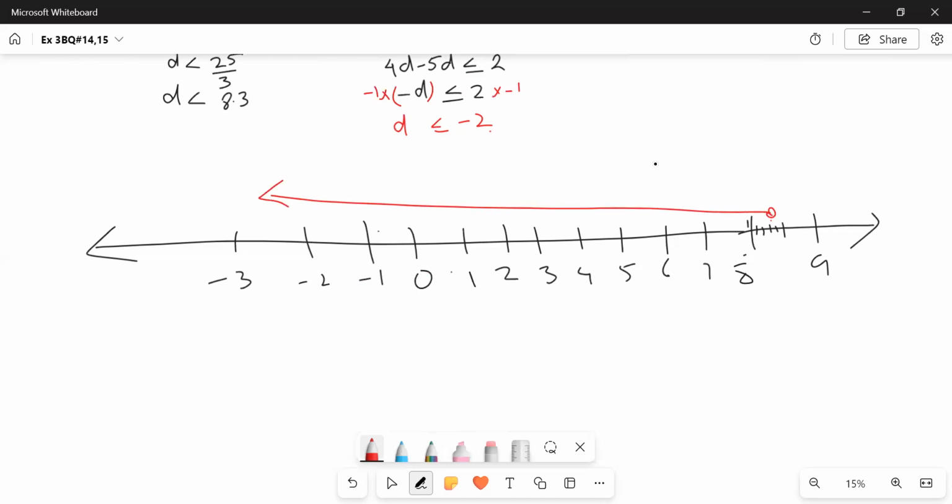And here D lesser than or equal to minus 2. This point. Now the area between them is this.